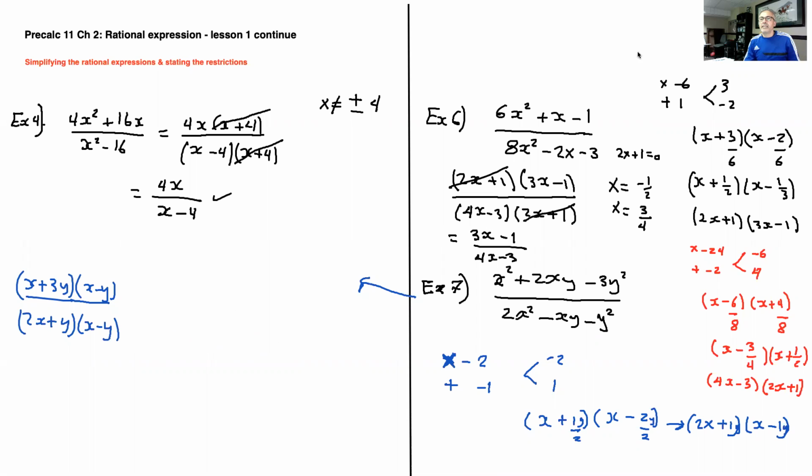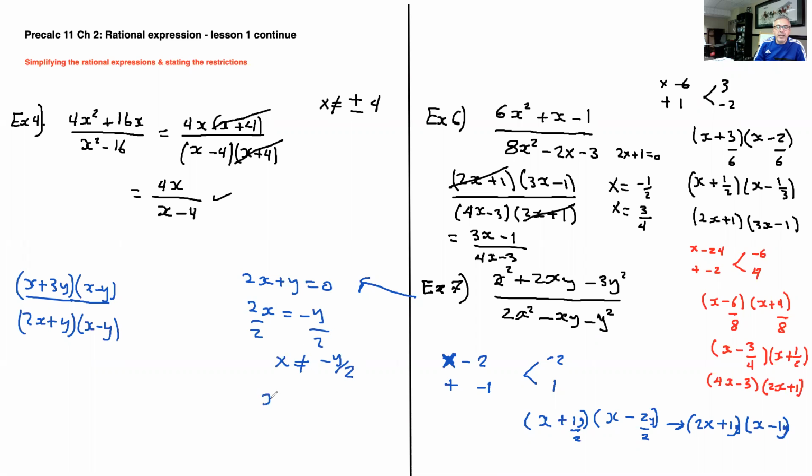The restrictions are not as obvious here, so you have to do a little bit of work. Basically, you have to say 2x plus y on the bottom has to equal 0. Solve this for x, so 2x equals negative y, divide both sides by 2, so x cannot equal negative y over 2 as one of the restrictions.